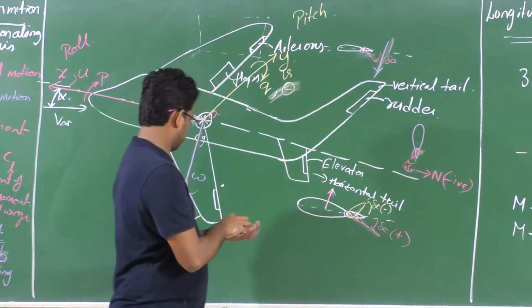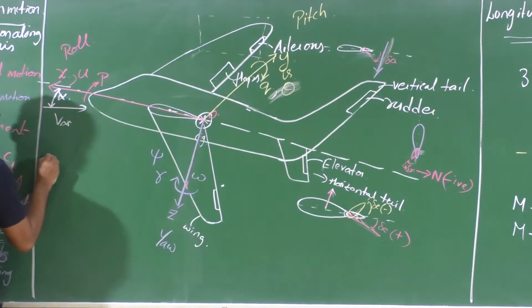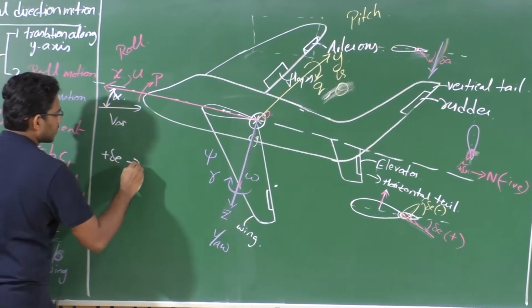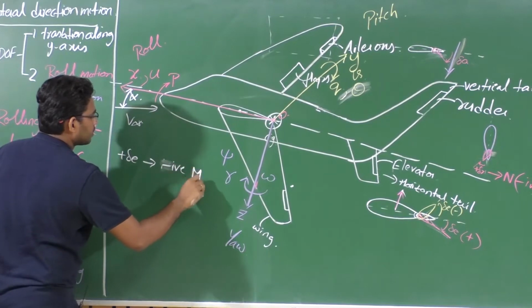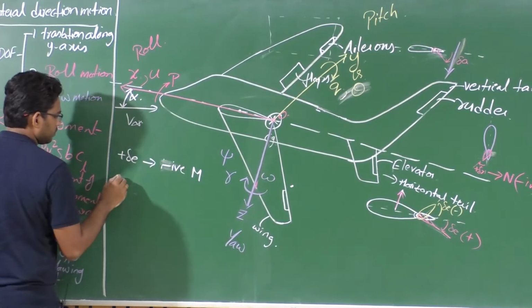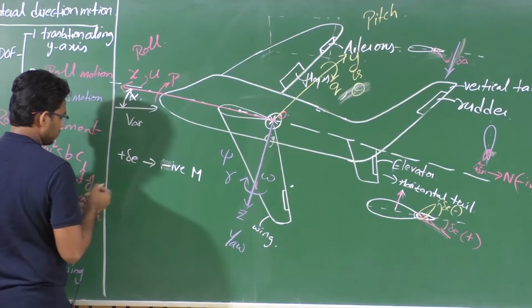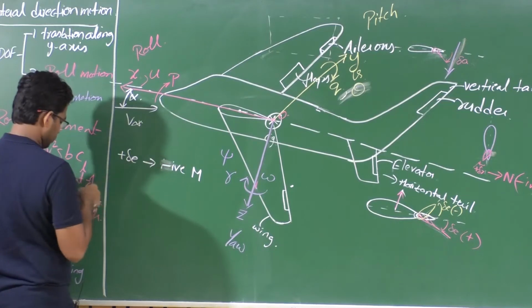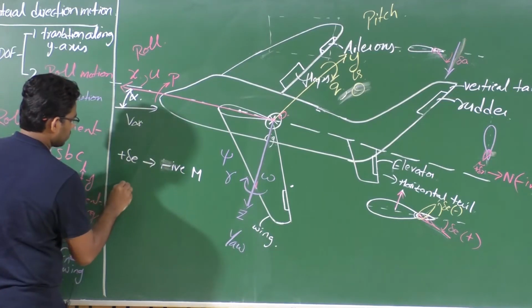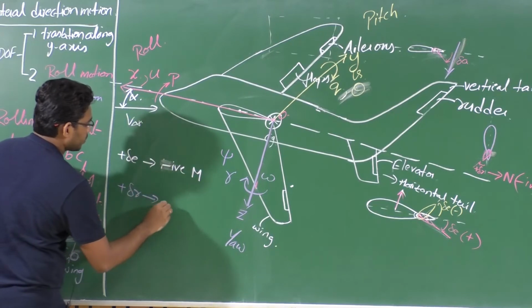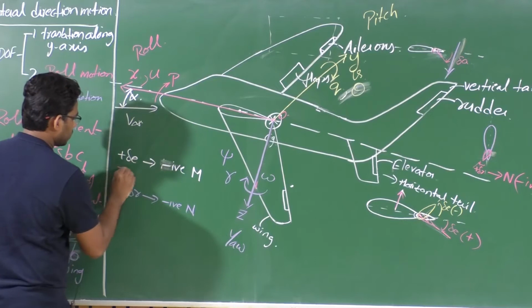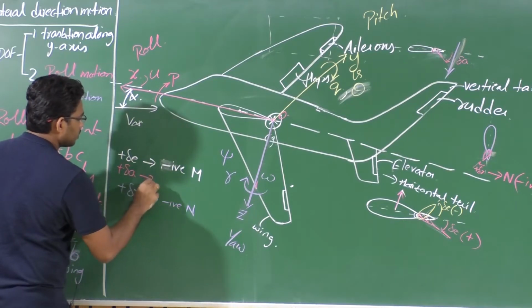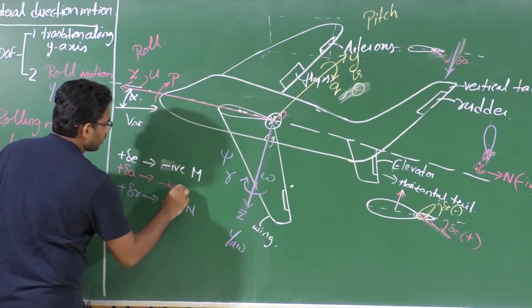So what we can conclude from here: positive delta E produces negative pitching moment, positive rudder deflection will produce negative yawing moment, and positive aileron deflection produces negative rolling moment, right?